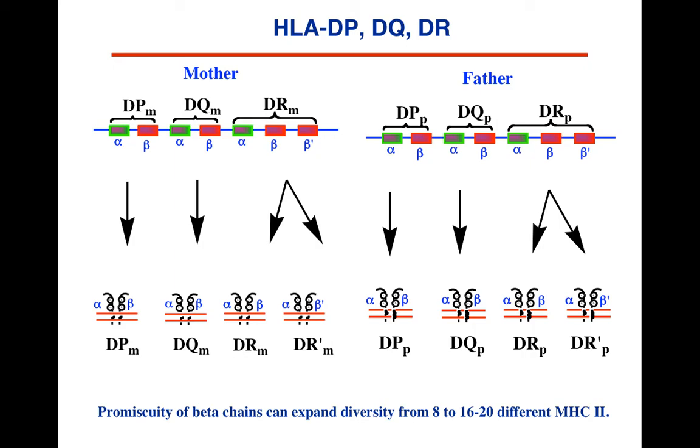In each case, that display improves their chances that, when a T cell receptor runs into them, it reacts with that T cell receptor and then enhances the immune response.